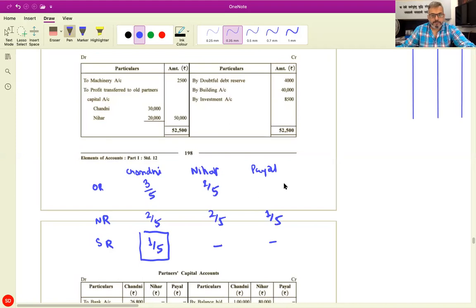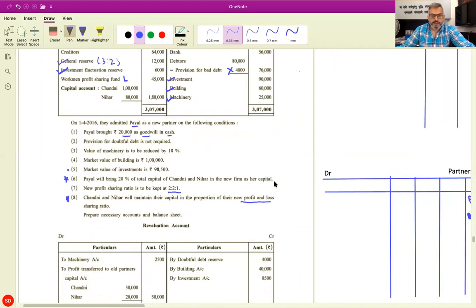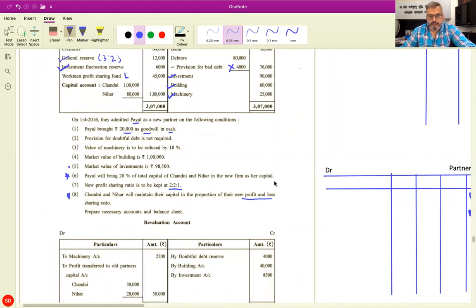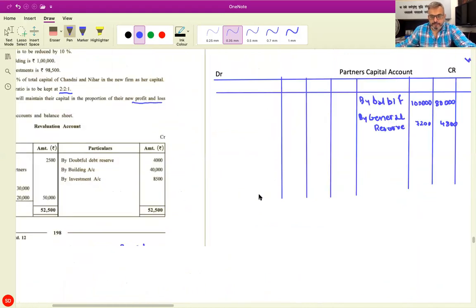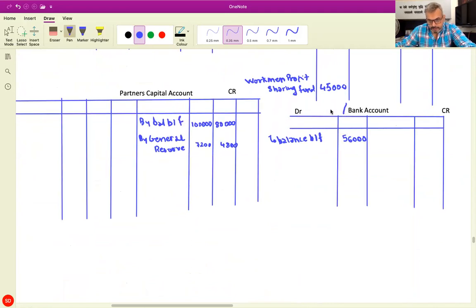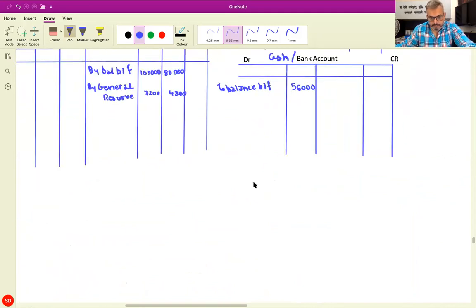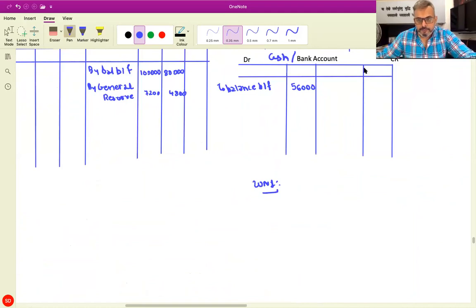Now let's go to the first adjustment. Payal brought 20,000 as goodwill in cash. We have a bank account, so we write this as cash and bank account. Okay. Now working note 1, I'll do below the cash and bank account, because the capital working I'll do below the capital account.